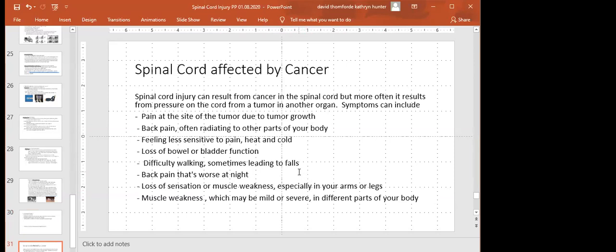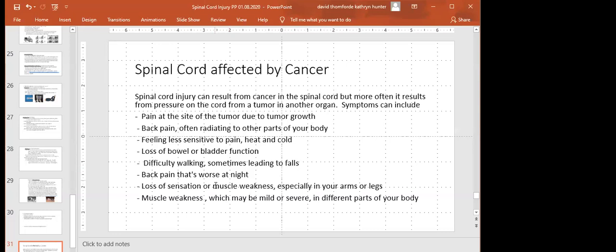So spinal cord injury can result from cancer in the spinal cord itself, but more often it's, for instance, the kidneys or the lungs that may develop a tumor, and that tumor, by growing, will put pressure on the spinal cord. And that can cause the same symptoms you can get from a spinal cord that's injured.